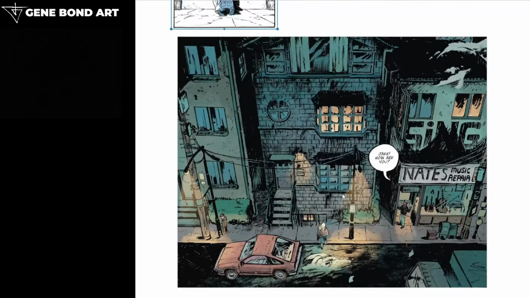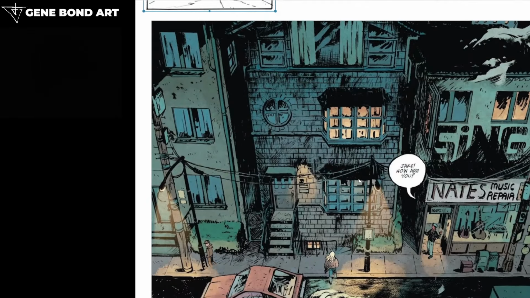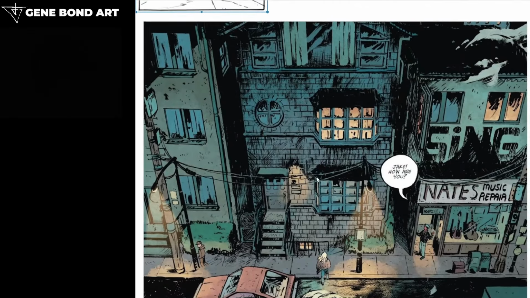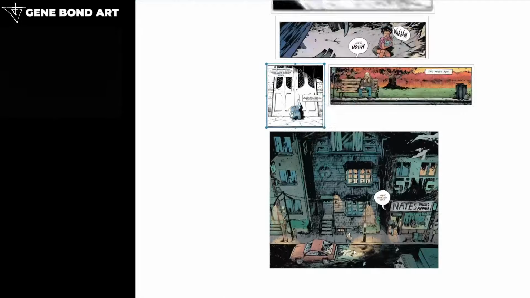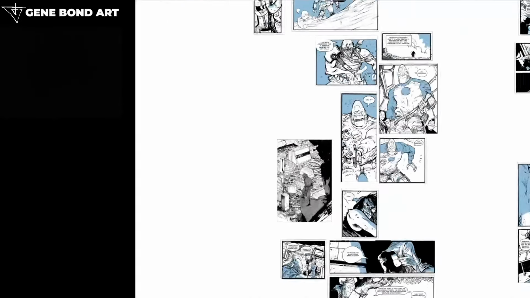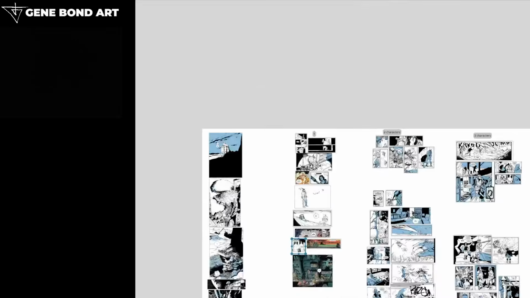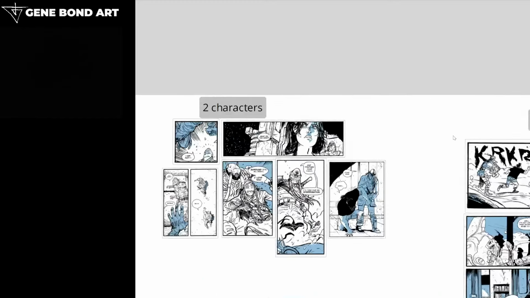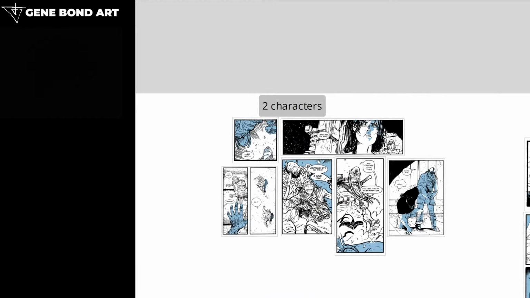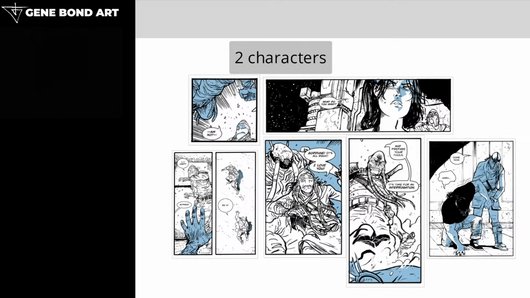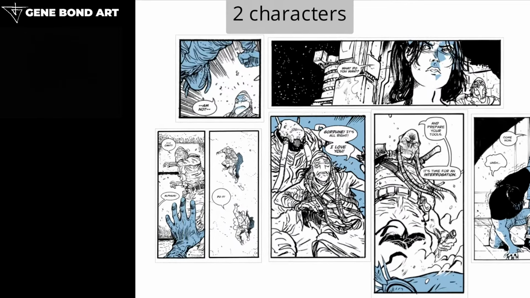And here a down shot, drone or bird view. It's three characters, but I still put it in the category of one character because they are the main characters. So you can do this analysis and sort screenshots from movies or from comic books.